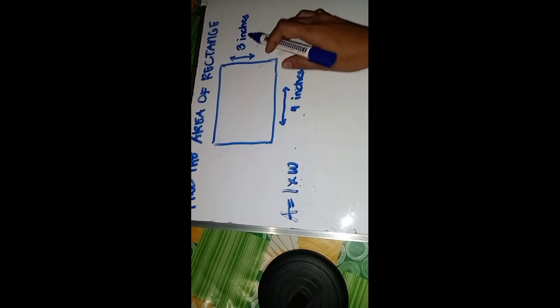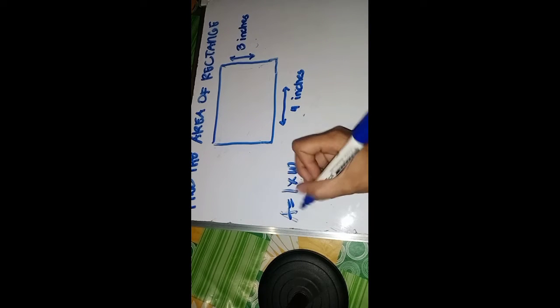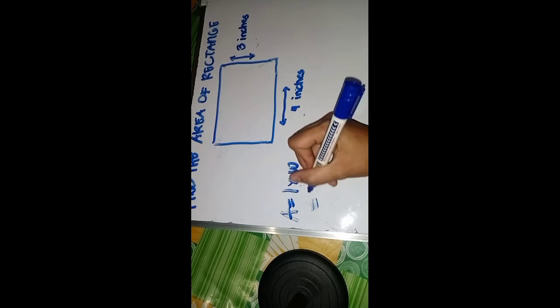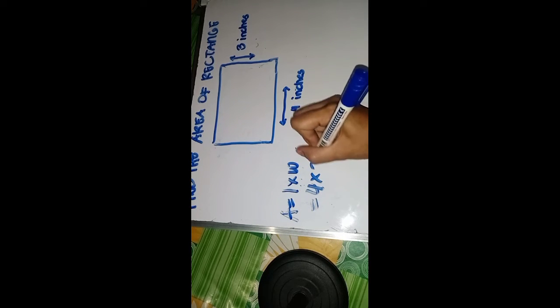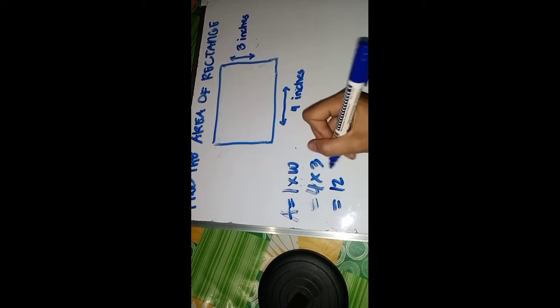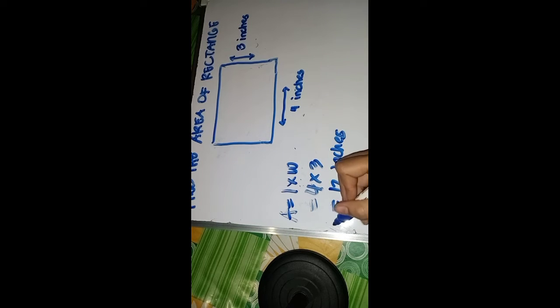Our width is 3 inches and the length is 4 inches. So this is our formula: length 4 times width 3 is 12. Therefore the area of our rectangle is 12 square inches.